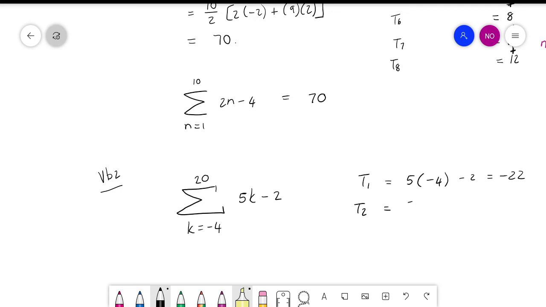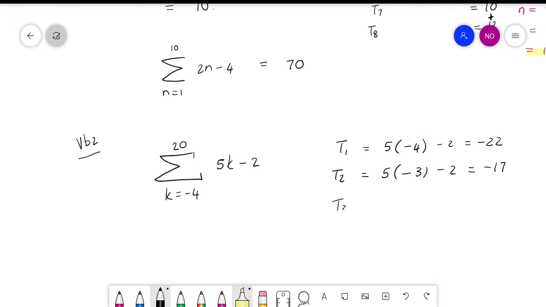Term 2 is 5 times, what will it be? Minus 3 is equal to negative 17. Okay. En nou dat ek daai het, kan ek eintlik stop. Okay? But I'm going to do one more.